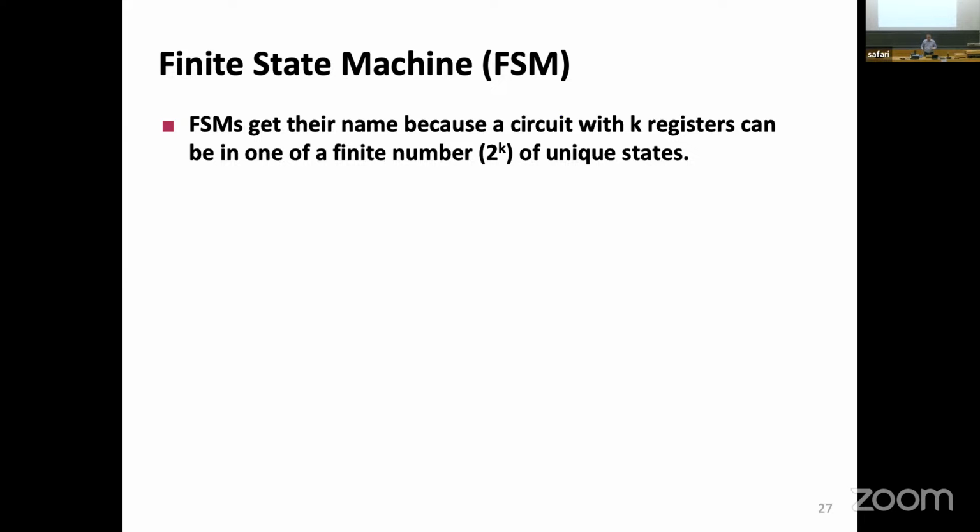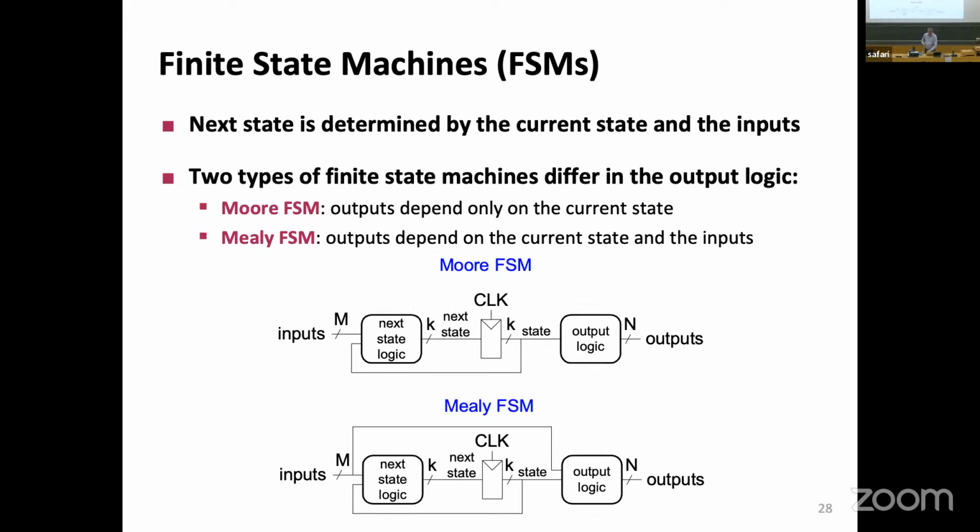Okay. Finite state machines get their name because a circuit with k registers can only have 2 to the k states. In other words, the number of states that such a machine can have is finite. There are 2 types of finite state machines. Actually, there are 3 types, but we are just focusing on 2.